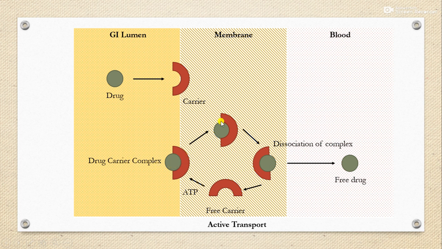This drug carrier complex will be transported to the other side of the membrane by expenditure of ATP, and then the free drug will be released by dissociating the complex, and the free carrier will again come back to its original site, or at the site of administration. So this is how active transport of drug takes place.